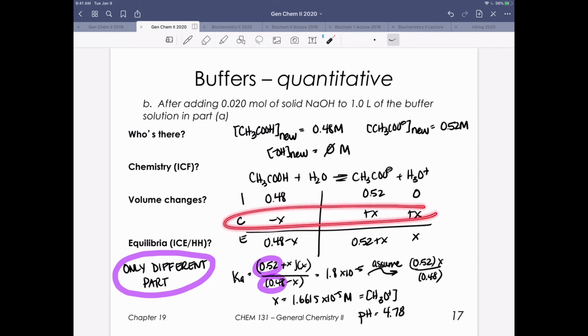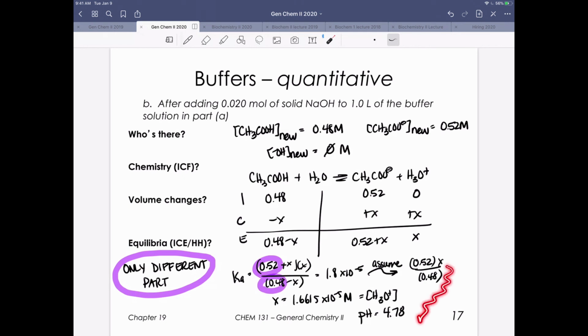Treat this the same with our minus x's and our plus x's. And again, it really doesn't matter whether they're minus or plus because we're going to make assumptions that allow them to go away. But what I want to highlight is the only part that becomes different from what we had in problem A is that rather than these being 0.5 and 0.5, our conjugate base army is a little bit bigger and our weak acid army is a little bit smaller.